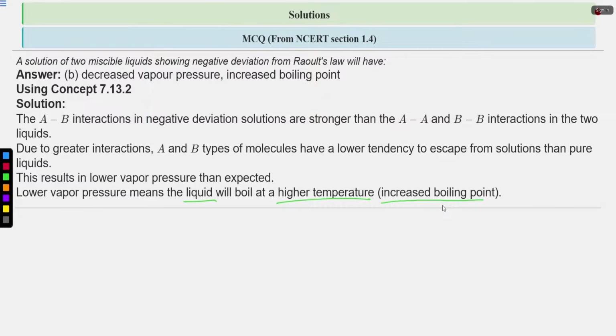So the correct answer is option B, which says that the solution of two miscible liquids showing negative deviation from Raoult's law will have decreased vapor pressure and increased boiling point. Hence, option B is the correct answer. Okay, moving on to the next one.